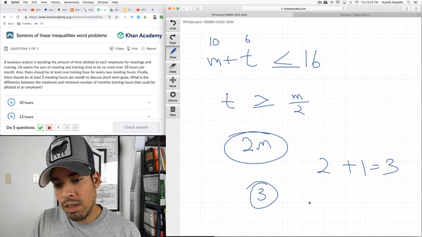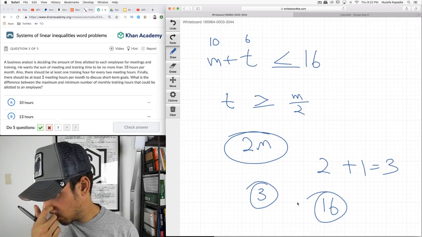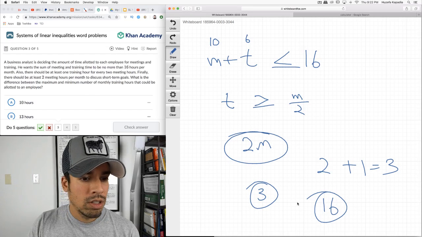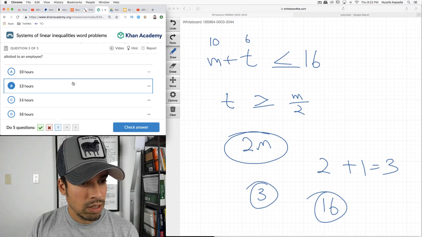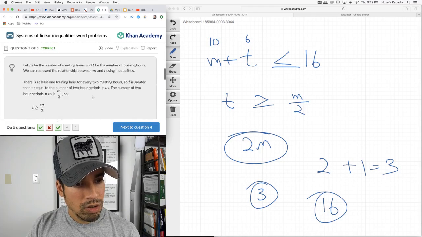So the max would be 16, and the min would be 3, so that'd be 13. I think we hit all the conditions. So the difference should be 13. Hopefully, let's see if that's right. I didn't go too fast. Yeah, all right, good. Good to go.